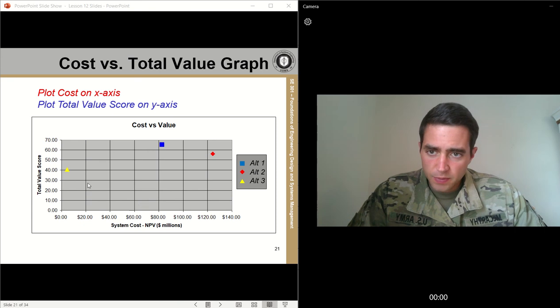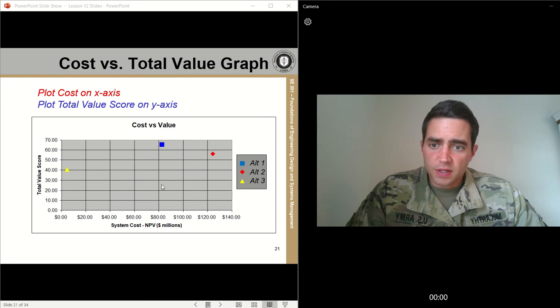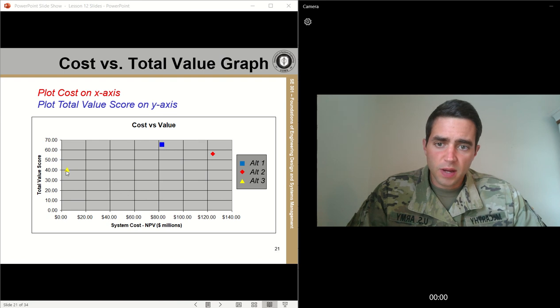When we look at these, we can see that the blue square achieves a higher value than the yellow triangle. However, it is a lot more money than the yellow triangle. And the red diamond achieves a lower value than the blue square and a higher value than the yellow triangle, but it's more expensive than both of them.